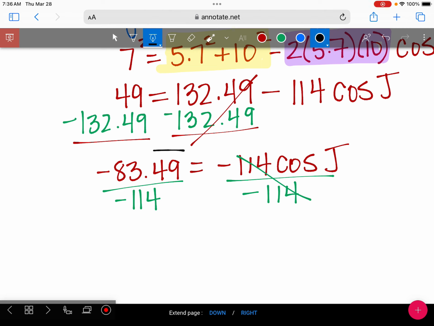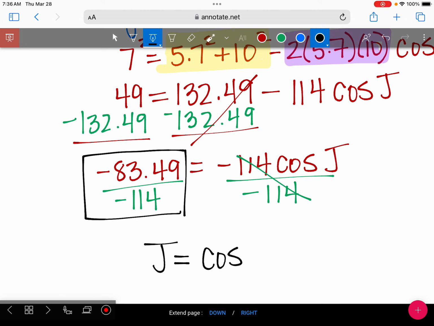So what you're actually going to end up having is this fraction equals the cosine of J. So that means that J is going to equal the inverse cosine of that fraction.